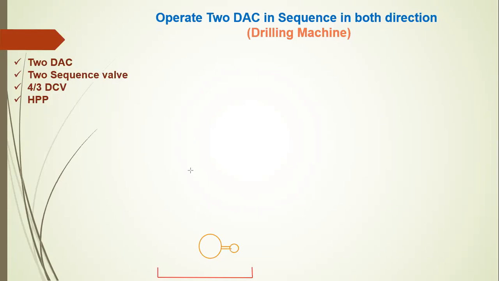Then first we complete the hydraulic symbol for the pump. Inside, give one dark triangle, which indicates the hydraulic side. Then one pressure relief valve is required, so we draw one pressure relief valve.